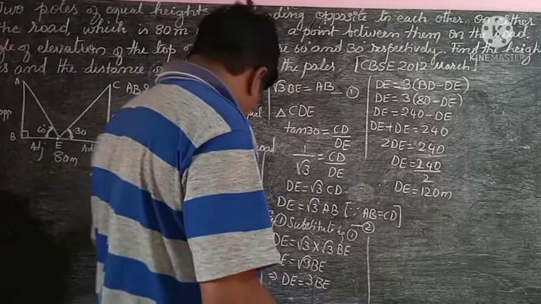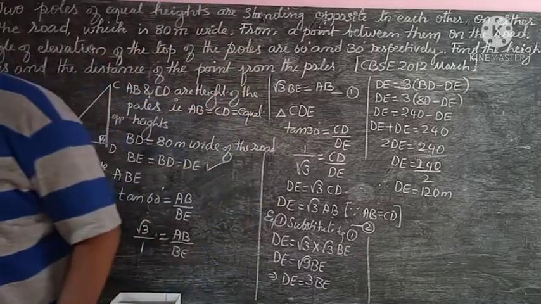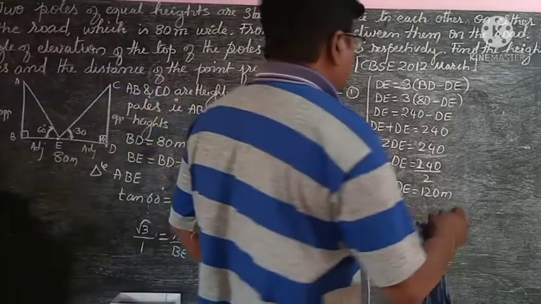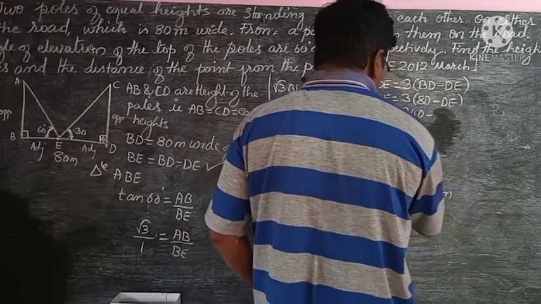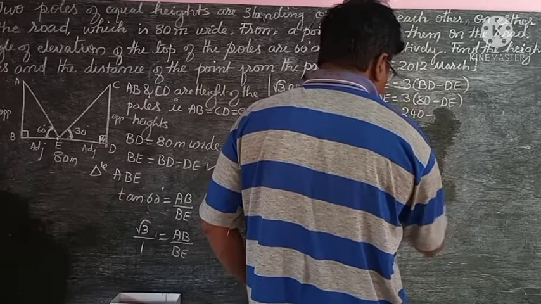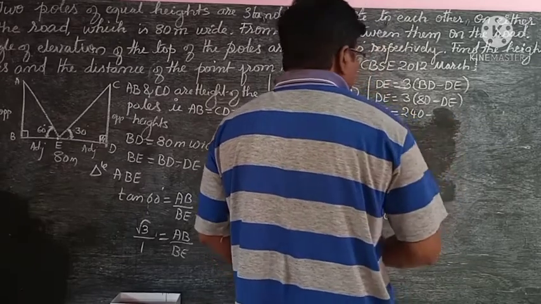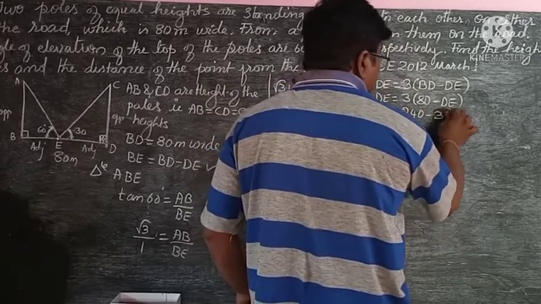Okay, sorry, here we write, after multiplying, what are we obtaining? Multiplied, 3DE we are obtaining.